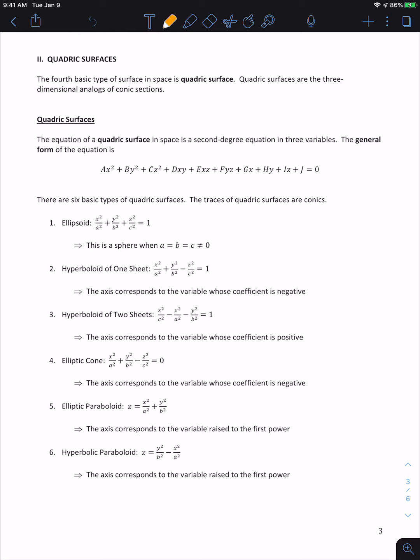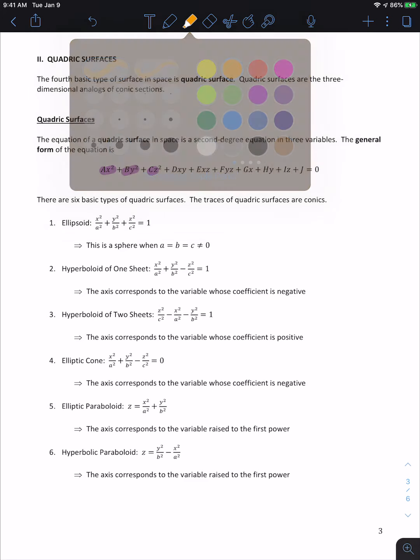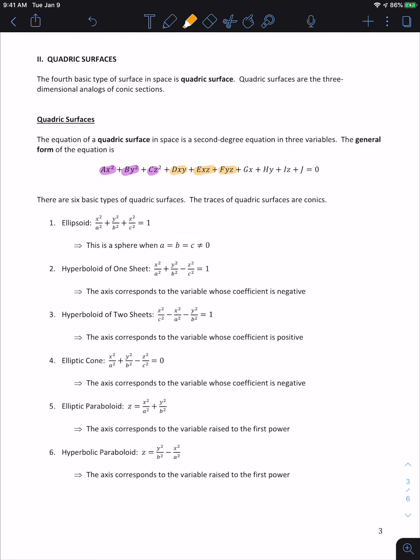In general, the equation of a quadric surface in space is a second-degree equation in three variables. The general form is as follows. Second degree means I see x, the first variable, to the second power, y, the second variable, to the second power, z, the third variable, to the second power. Then I see all the different combinations of x, y, and z put together, three of them, all to the first power.